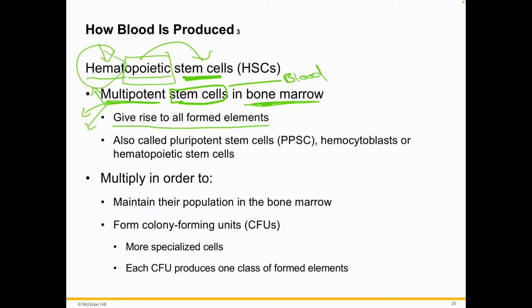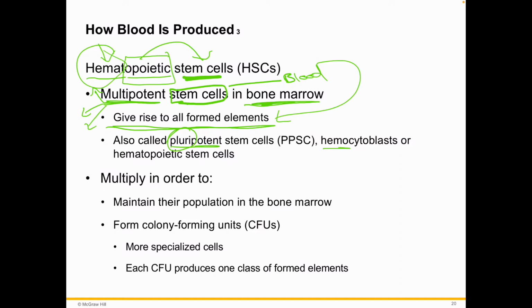Eventually, they can give rise to all of the formed elements of blood, not everything in the body. They're also called pluripotent, pluri meaning plural, more than one type. So they give rise to more than one type of adult cell, like erythrocytes.